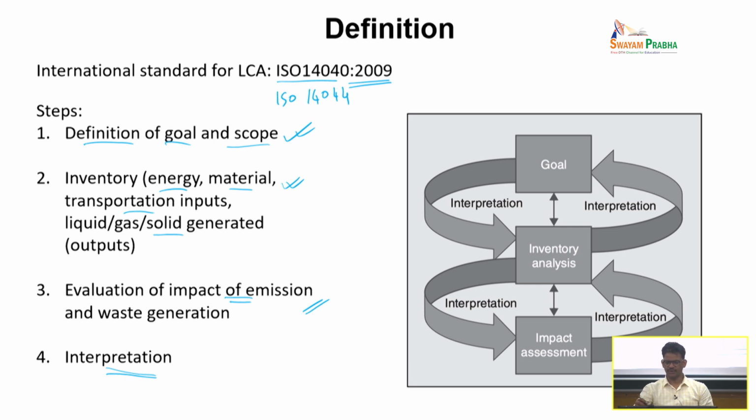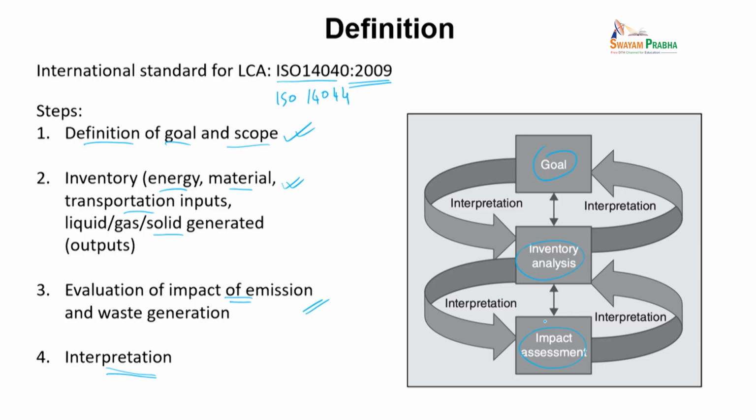So it's pictorially shown here. You start with the goal. You have to define what is the objective, what is the scope of this LCA, why do you want to do this. Okay, the second thing is to give this input data, which we call inventory analysis, essentially material balance, energy balance, and stuff like that, and then assessing impact and then interpreting it.